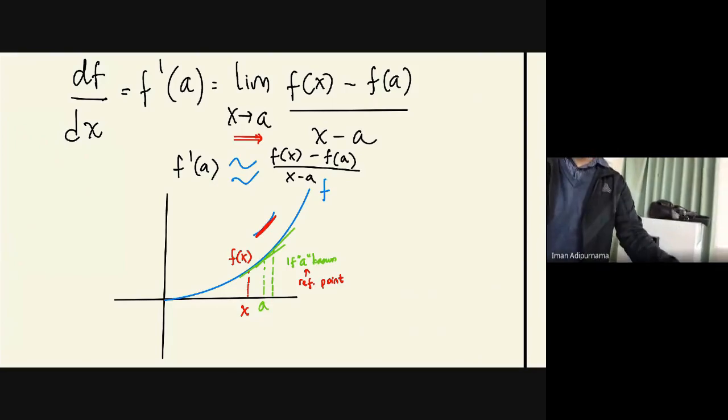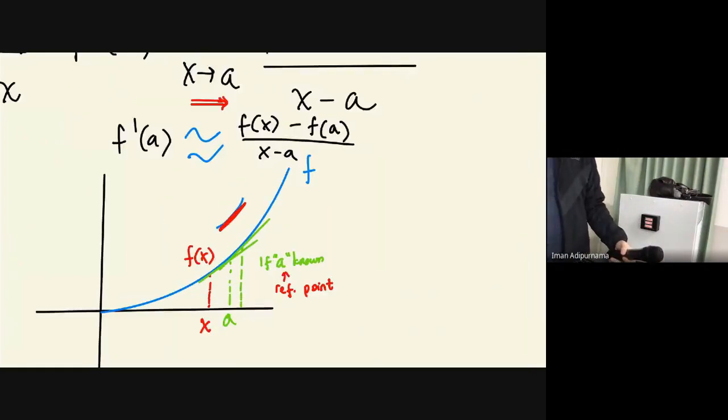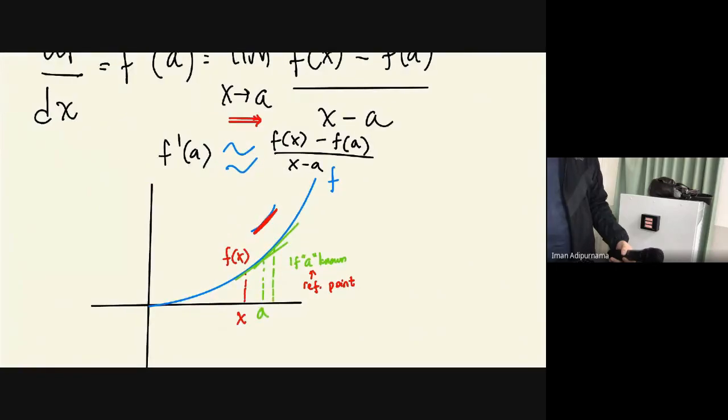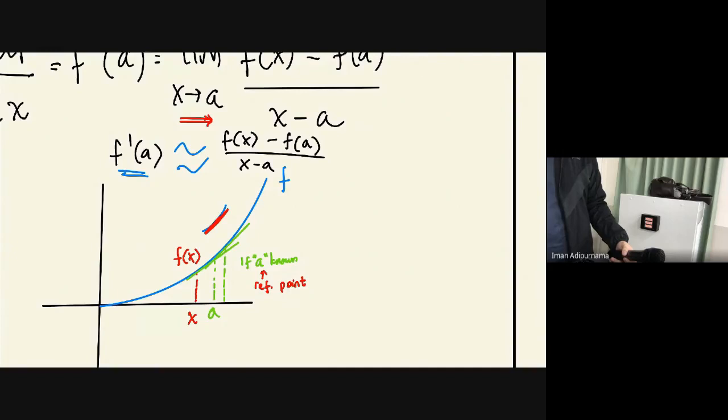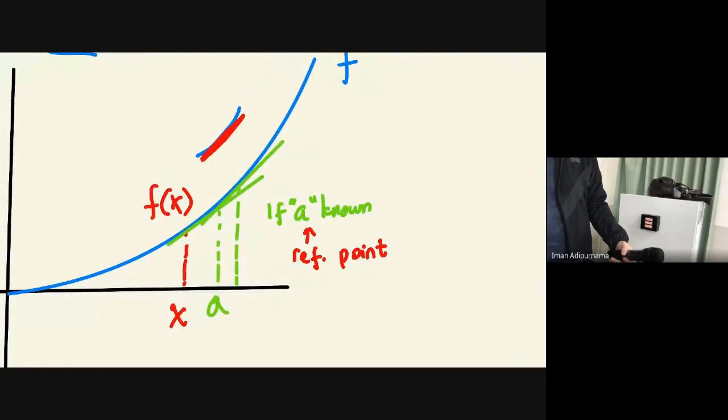Okay, so we can approximate f prime of a with the difference in f over the difference in x. What you can see here is this triangle: this is delta f, and this is delta x.